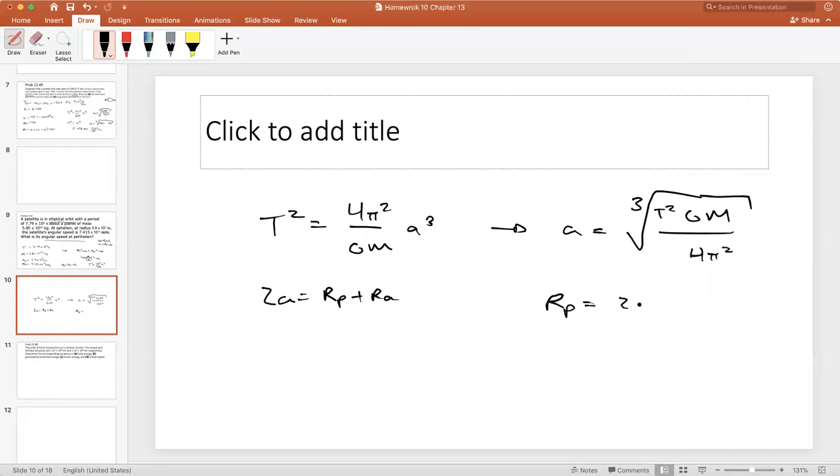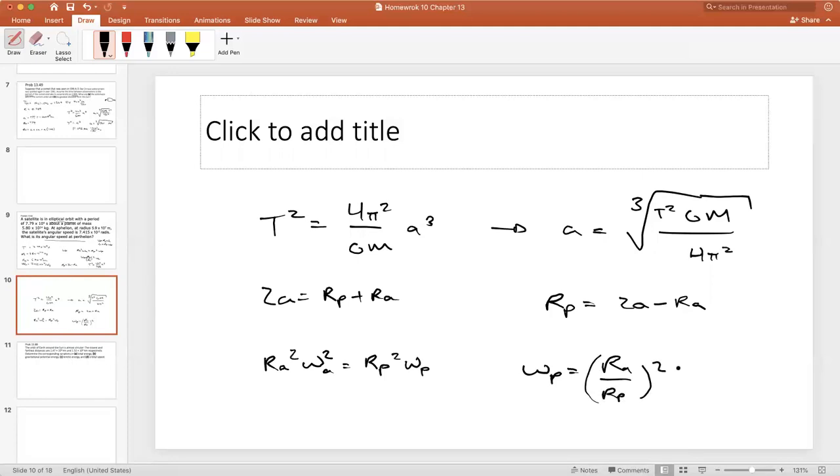So plug in 2A minus R_A. I'm going to come back and highlight stuff that you know in a minute. And then knowing that R_A squared omega_A is R_P squared omega_P, we can get omega_P is R_A over R_P, square it, and multiply by omega_A.